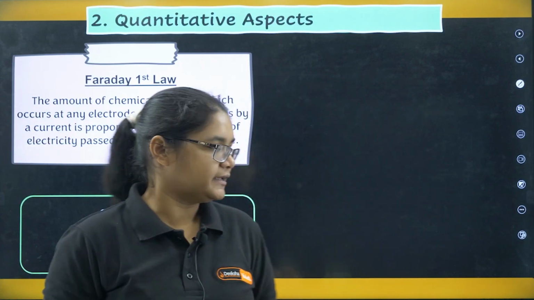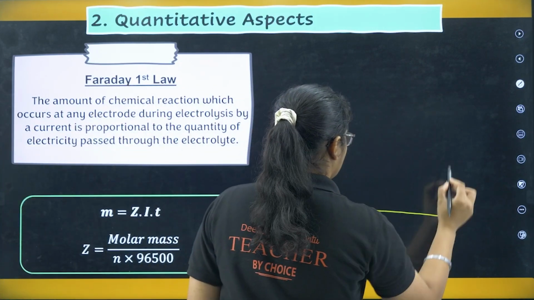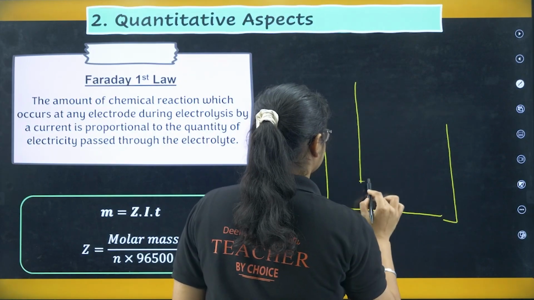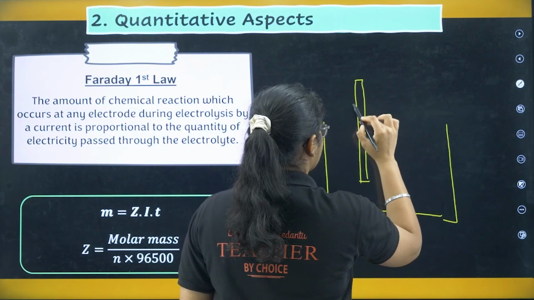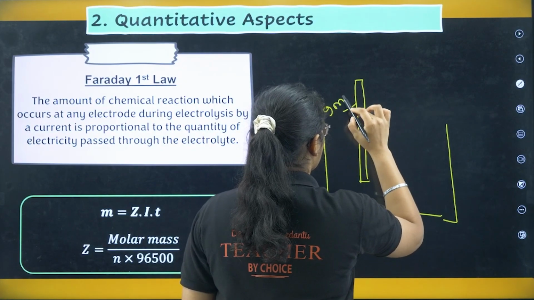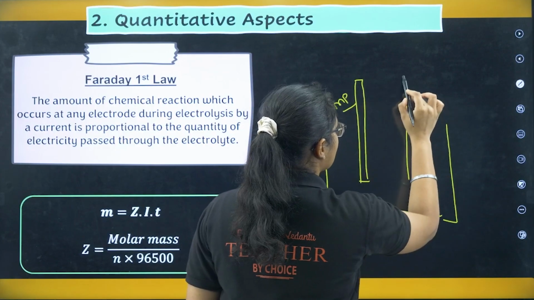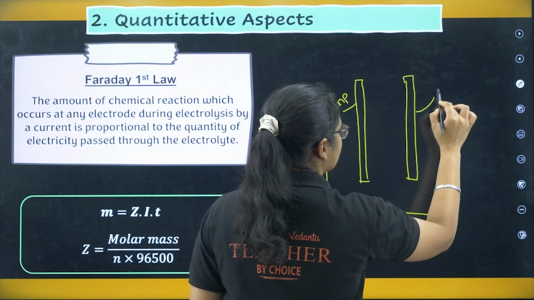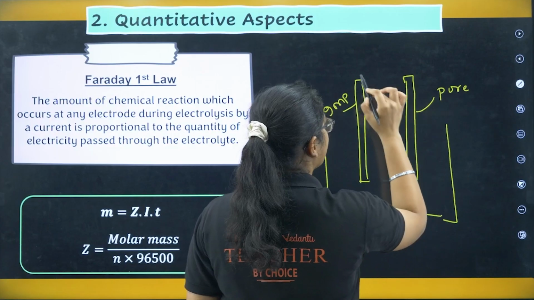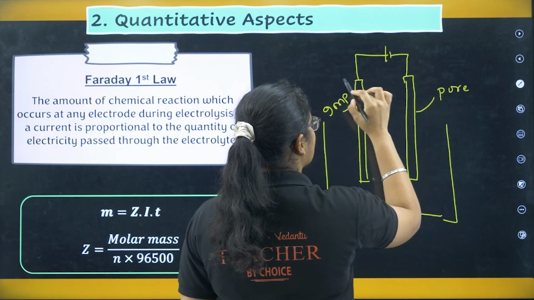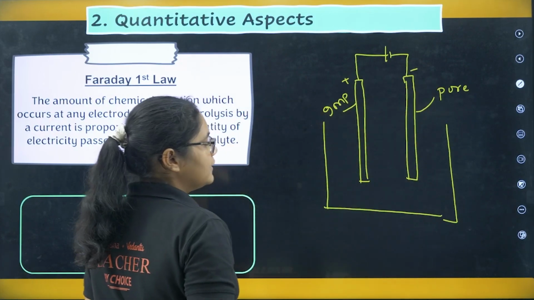Basically, if I show the previous one, we have an impure copper rod and a pure copper rod, and we connected it plus and minus, right? Now what will happen?